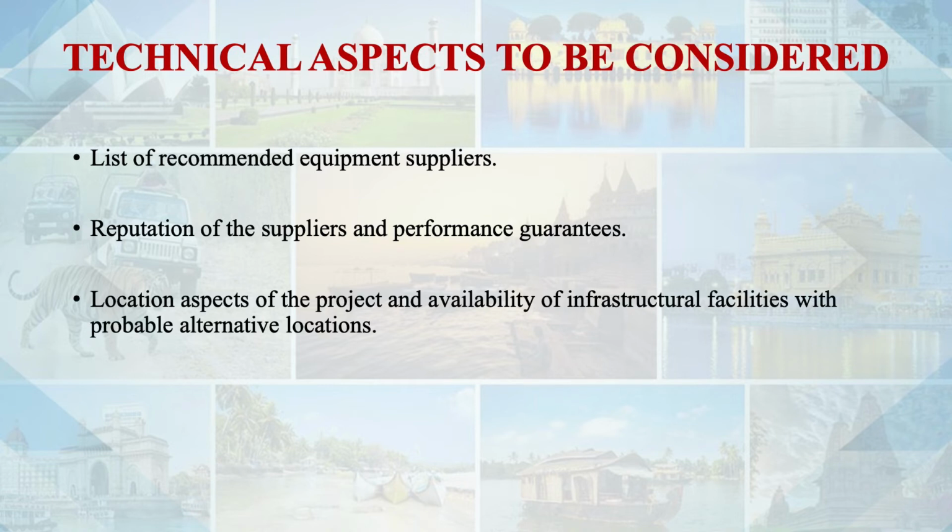It also includes locational aspect of the project, where it is located, availability of infrastructure facilities with the probable alternative locations. If that location does not suit, what can be the other locations?